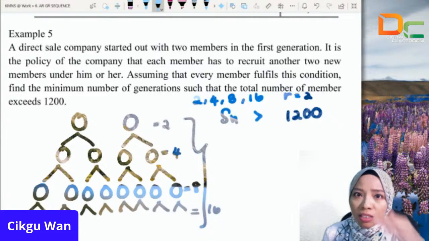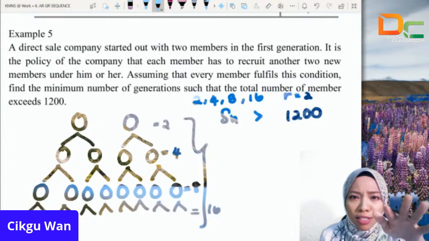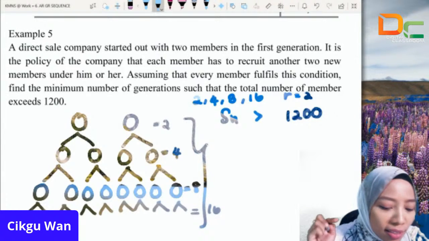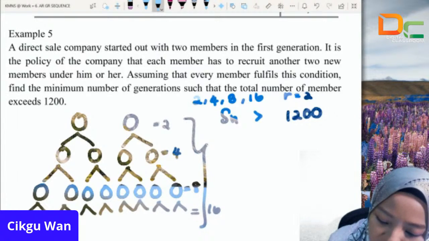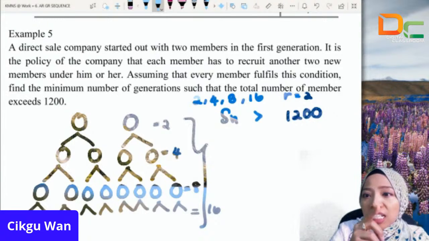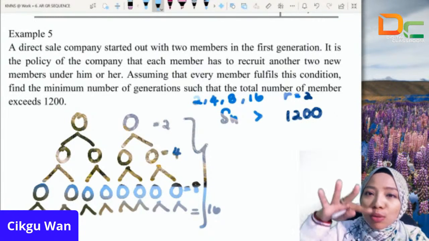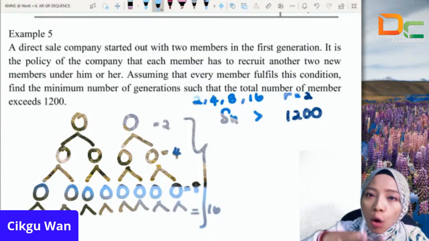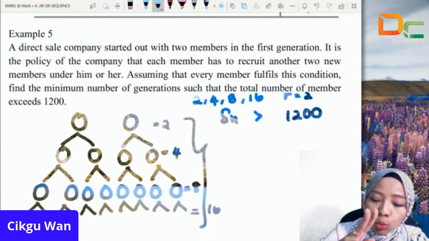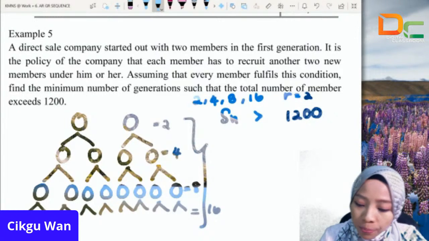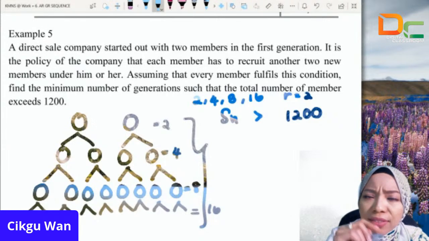So is this geometric or arithmetic? Sorry, what did I say earlier? This is geometric, I already wrote r. A slip of the tongue. Since r is 2, it is not arithmetic. This is geometric because we have a constant common ratio: 16/8 gives 2, 8/4 gives 2. So r is greater than 1.